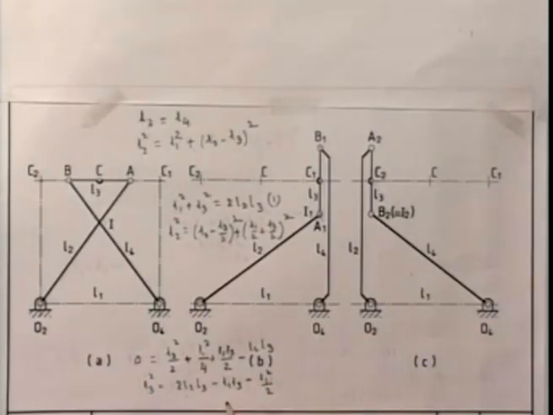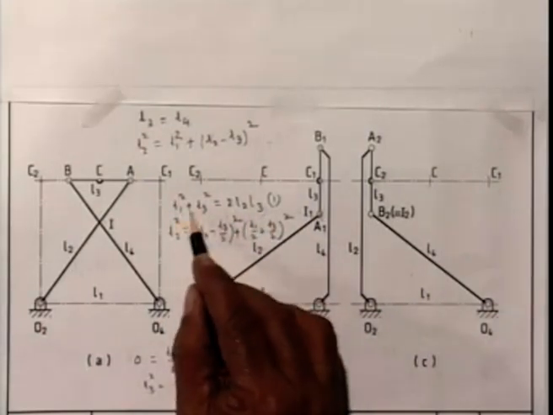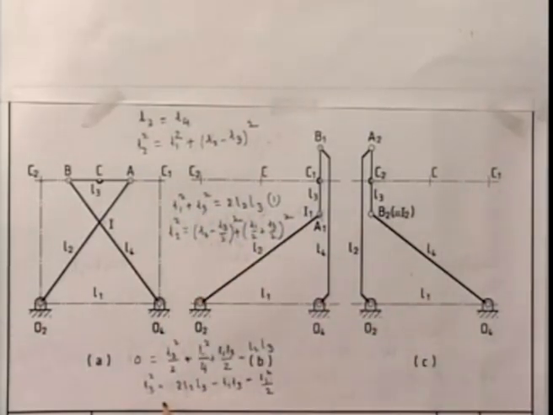Now here I have seen 2 L2 L3 is L1 squared plus L3 squared. So if I write that here, I get L1 squared plus L3 squared minus L1 L3 minus L1 squared by 2. So L3 squared cancels, L1 squared by 2 is L1 L3, that is L1 squared is 2 L1 L3, which means L1 is 2 L3.